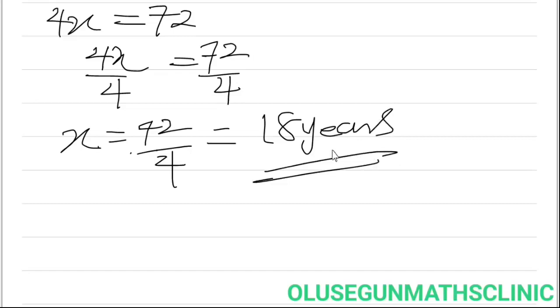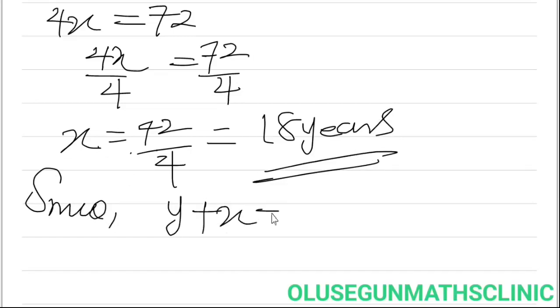Since the sum of the father's and the daughter's ages is 60, that means y is equal to 60 minus 18.